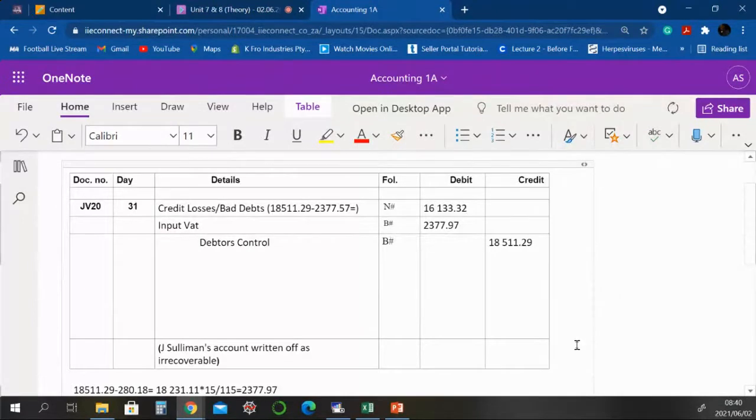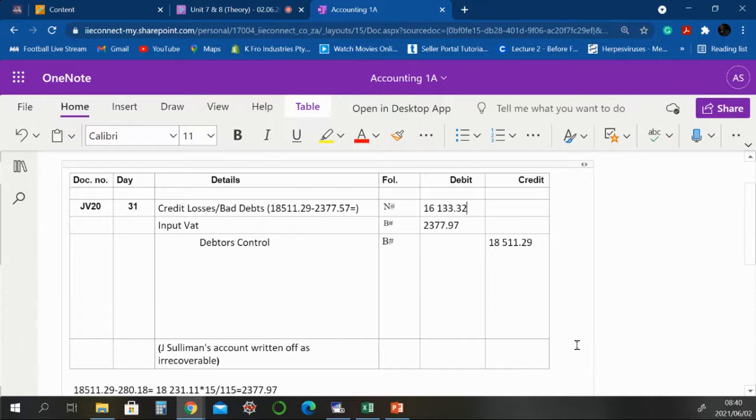Now, one thing that I just need to throw in there is that when it comes to this question, you see we said 15 divided by 115 times the 18,431. We did not say, maybe we could actually start with credit losses and then just say 100 divided by 115.